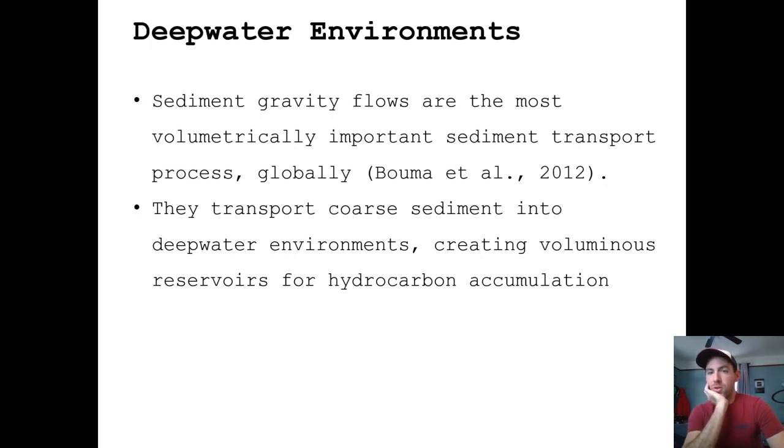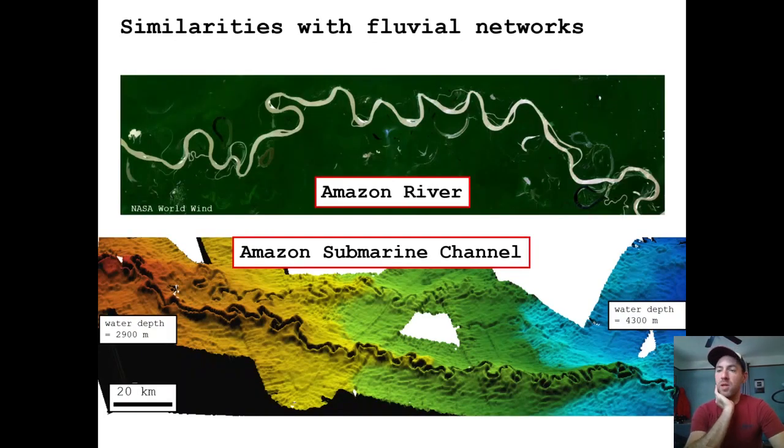Okay. And one kind of cool thing to think about is although the transport processes are significantly different in detail, there are a lot of first order similarities between submarine depositional environments, sediment gravity flows, and density currents, as well as river networks, fluvial networks, right? So you can see here in this image, we have these lovely meanders from the Amazon River on land.